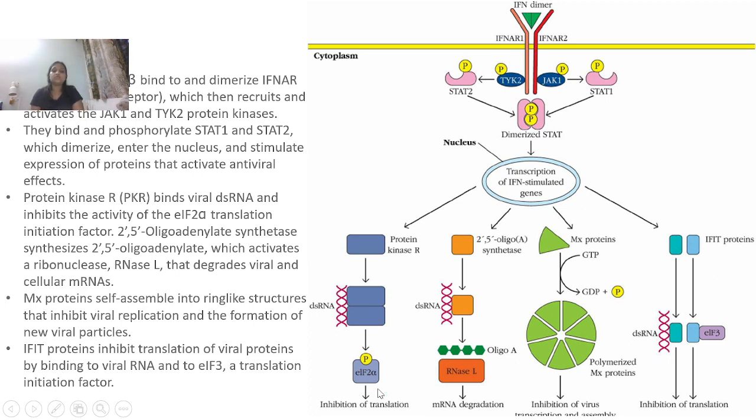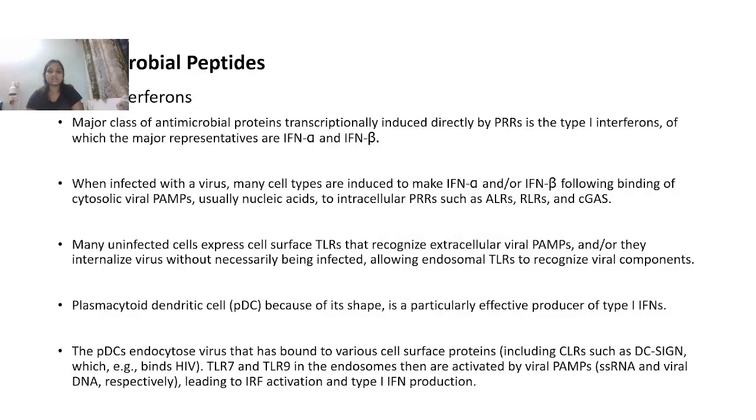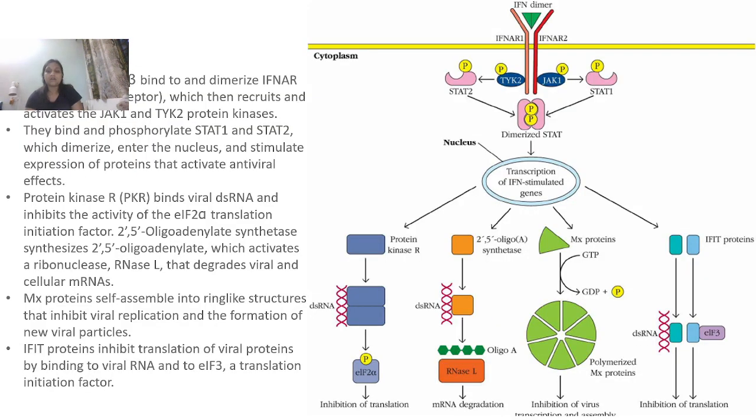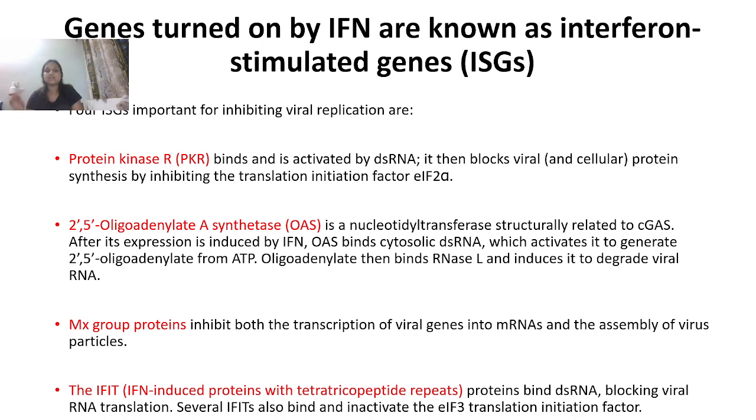This leads to the inhibition of translation. As a whole, it will block the translation process, after which there will be no synthesis of protein. It will block both virus and cellular protein synthesis, because it cannot only target the viral protein, as this EIF2 alpha is needed for our protein synthesis also.